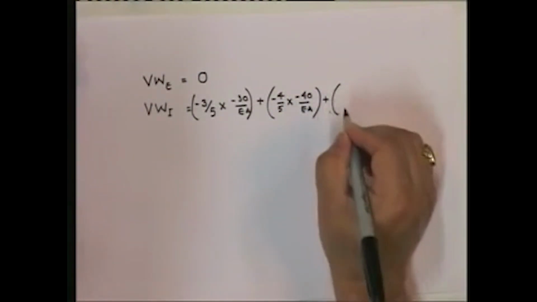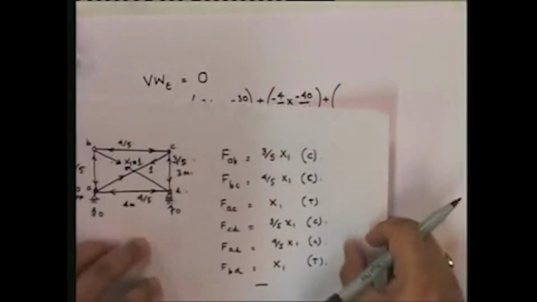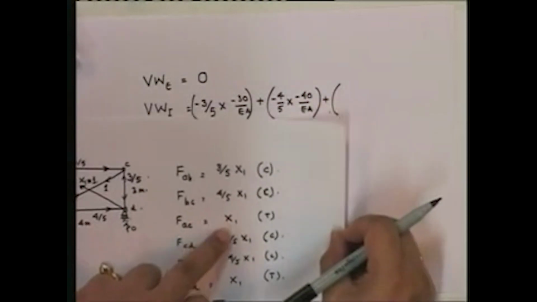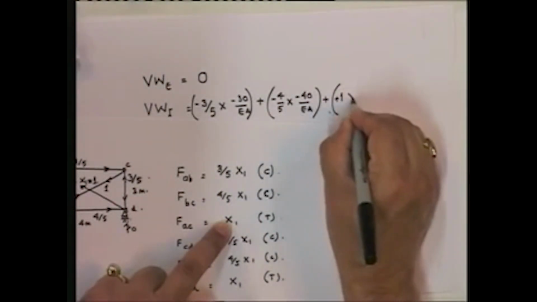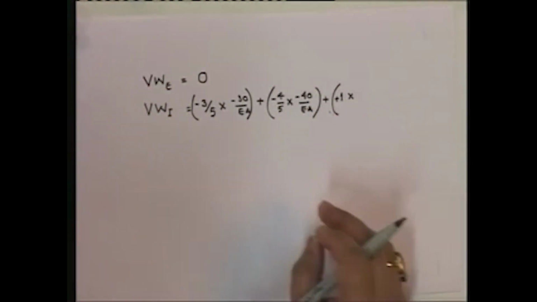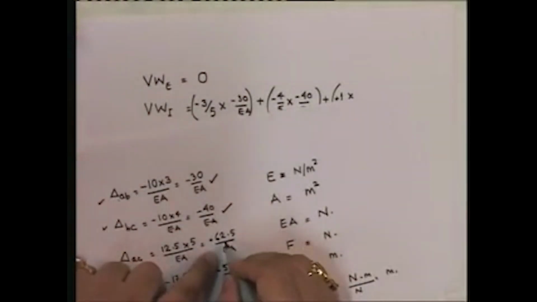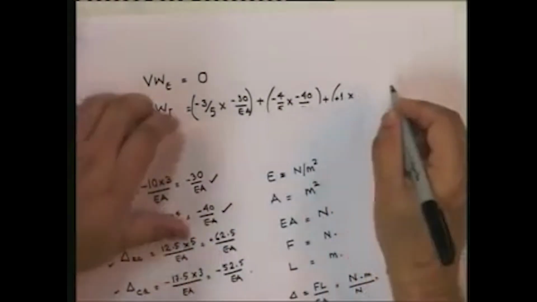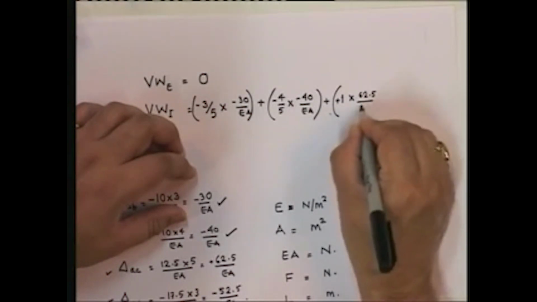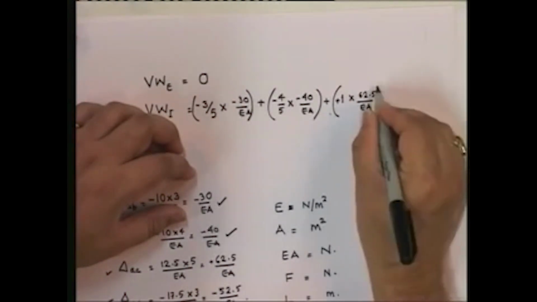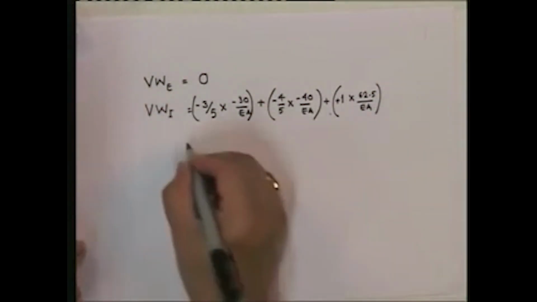Then I'm going to add what else? The next is AC. Force, tension 1. So it's going to be plus, multiplied by the real deformation in AC, which is 62.5 upon EA. That is member AC. Let us look at CD.